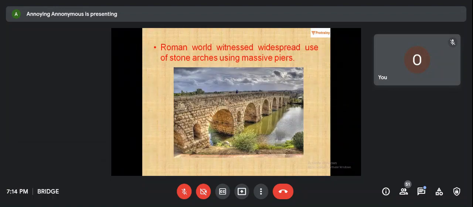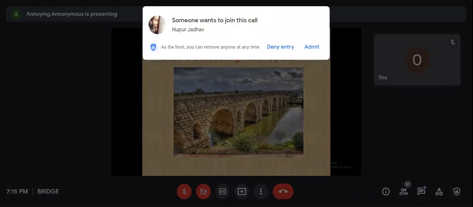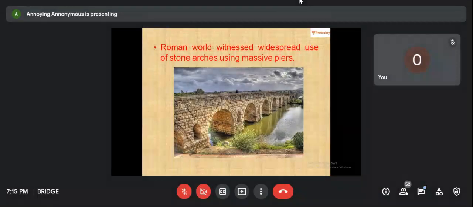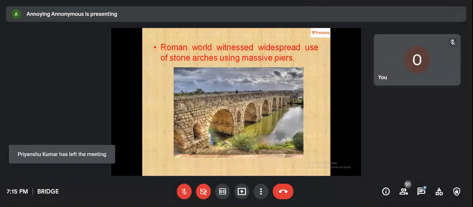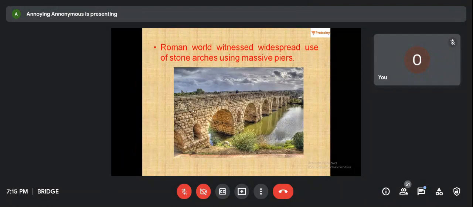Next are these Roman bridges. What is unique about Roman bridges is that they use stone arches using massive piers. I'm sure you are all aware that these are arches, and these arches are resting over these massive piers.